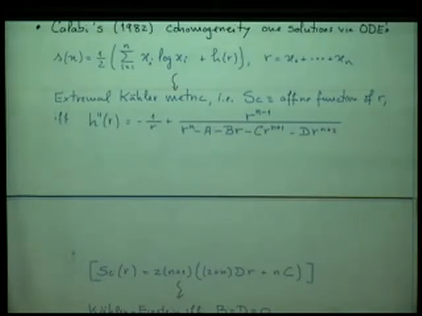Constant scalar curvature Kähler metrics are extremal Kähler metrics, they are critical points. But some manifolds, people know, do not admit constant scalar curvature Kähler metrics, but they do admit extremal Kähler metrics. And the first examples when Calabi introduced this notion were cohomogeneity 1 examples that he constructed.